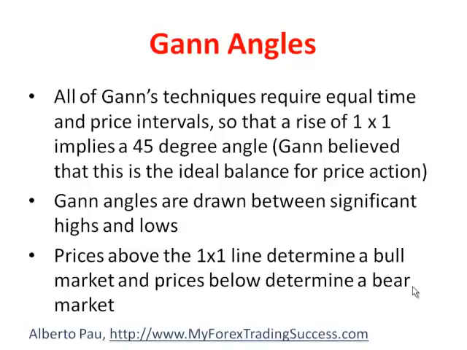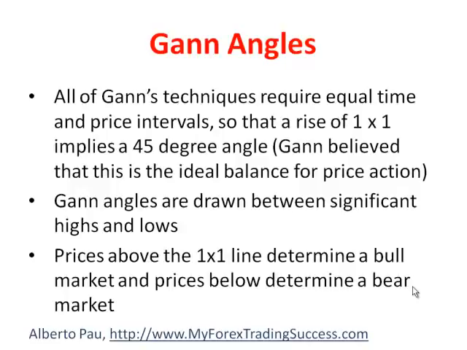In other words, a rise of a 1 by 1 on a Cartesian chart would imply a 45-degree angle. This statement may sound a bit obscure now. We'll go through some examples shortly and you'll get a better understanding for this.